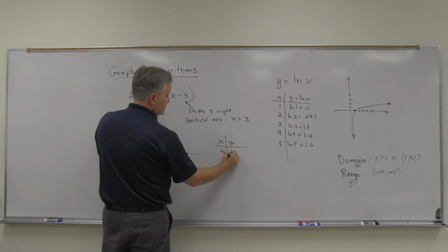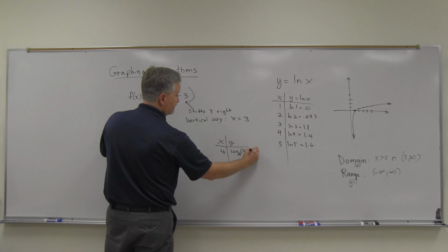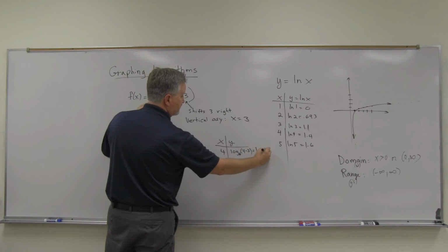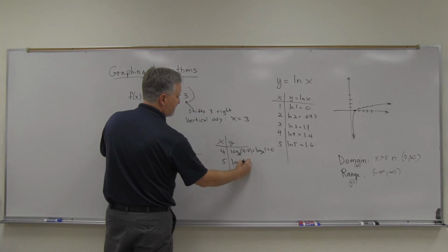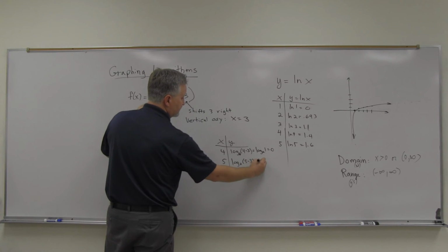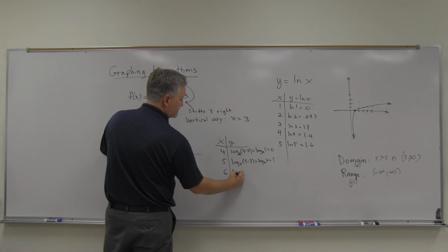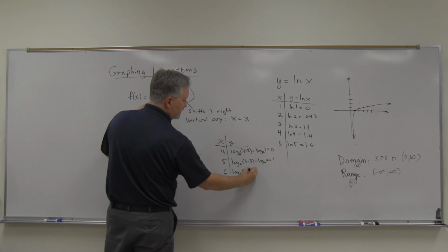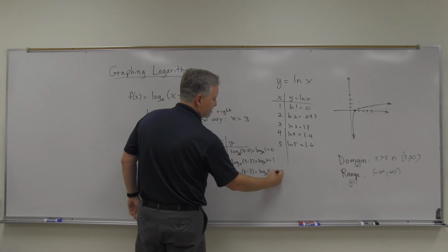Plug in x is 4 and you got the same old thing on here. You got log base 2 of 1, which is 0. If you do 5, you got log base 2 of 5 minus 3. It's log base 2 of 2, which is 1. If you go with 6, let's just say it's not a nice number.